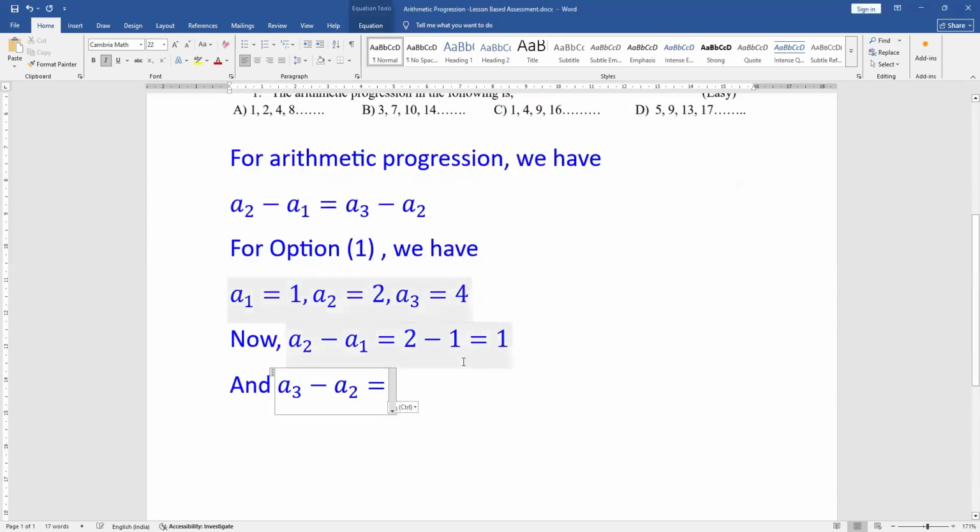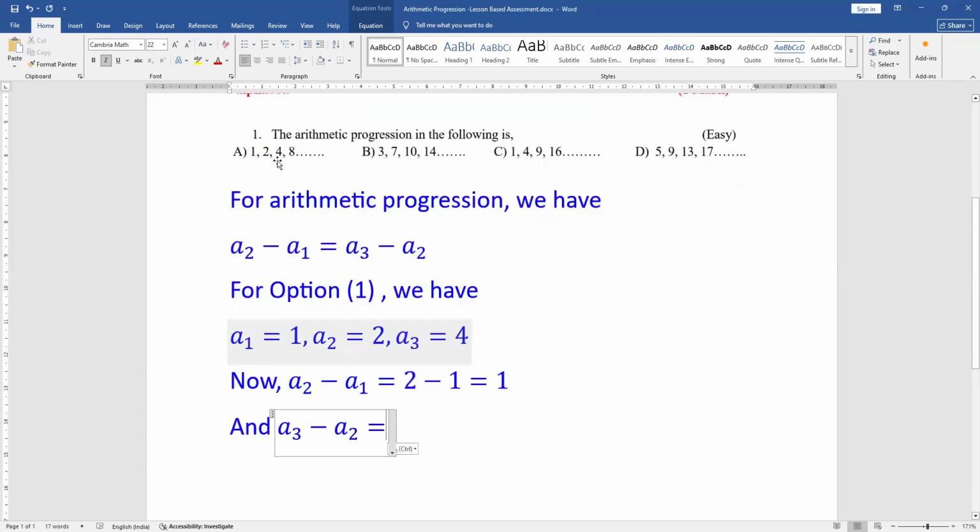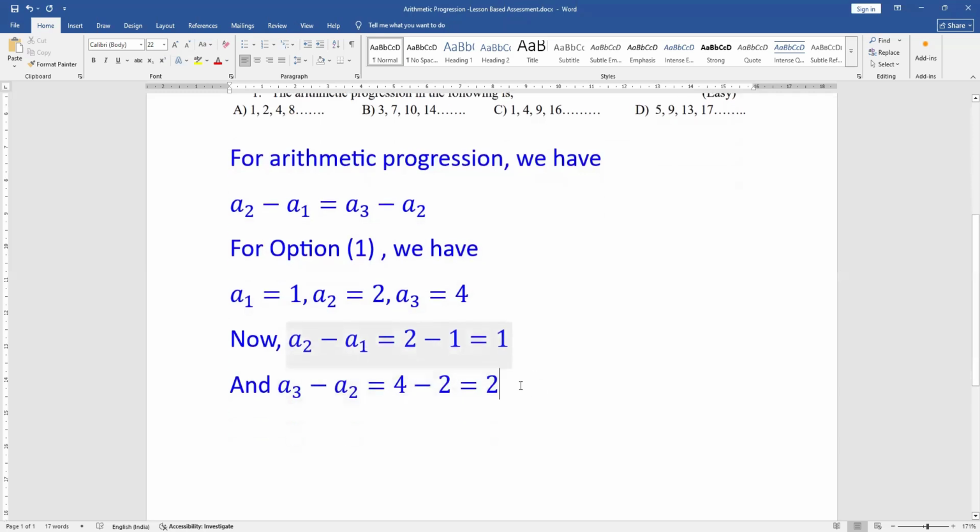A3 minus A2 is 4 minus 2, which will be equal to 2. So now what we observe here is A3 minus A2 is not equal to A2 minus A1. So I write like this, A2 minus A1 is not equal to A3 minus A2.